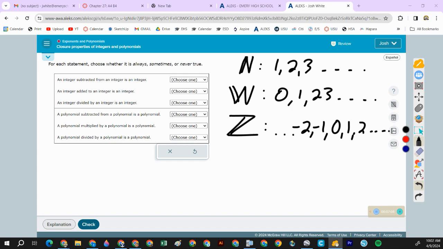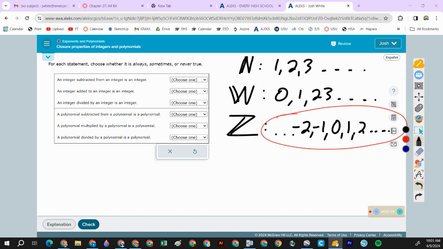So when we take a number in this list and we subtract another number in that list, do we get a number in the list? So if we take any integer and we subtract any other integer, is it a guarantee that the new number will also be in the integer list?